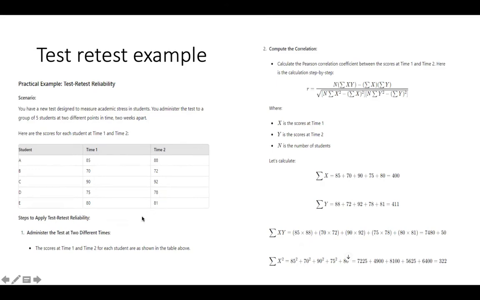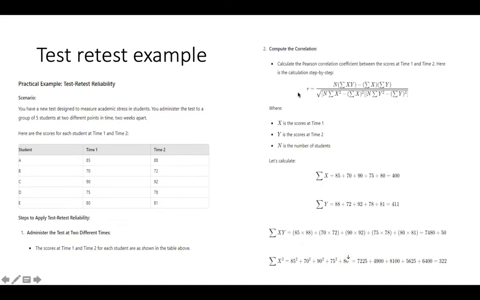Then how do we use these two sets of results? If we correlate them, we get the correlation coefficient, which is the reliability coefficient. So the first step is to administer the test at different times and compute the correlation.